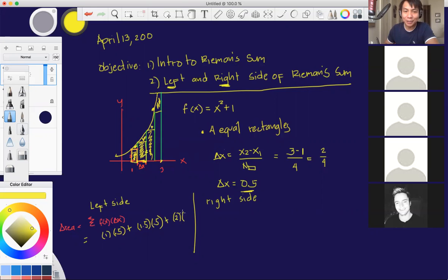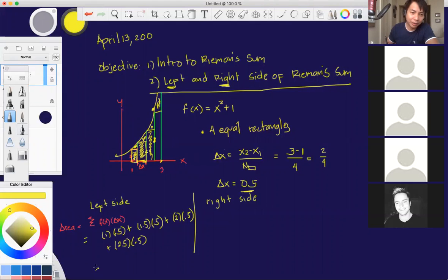Delta x, guys, what's our delta x? 0.5. And then we still have another one, since we do have 4. So if we add 0.5 to our 2, that will just give us what? 2.5. Very good. And our delta x will still be 0.5.